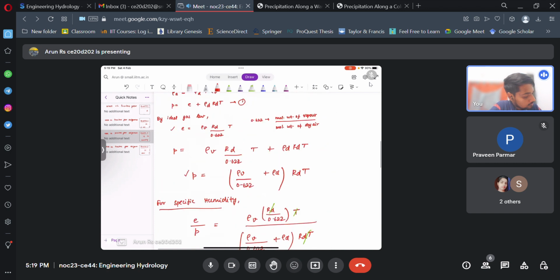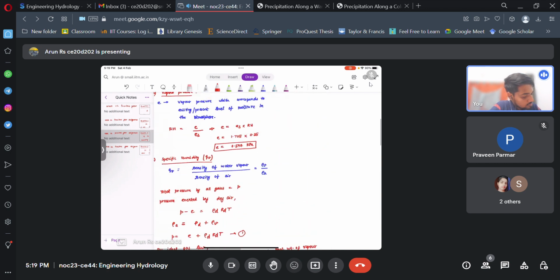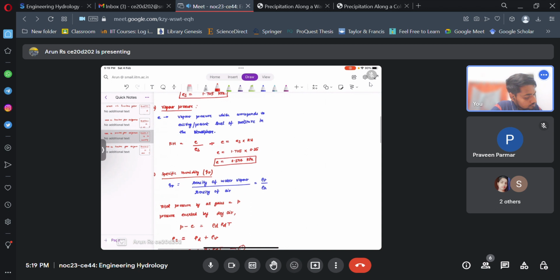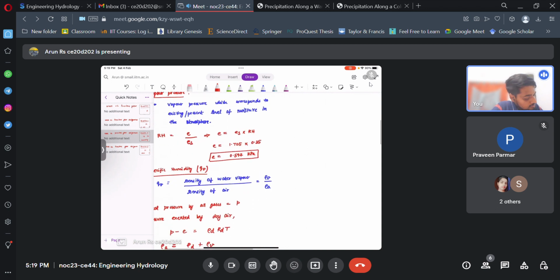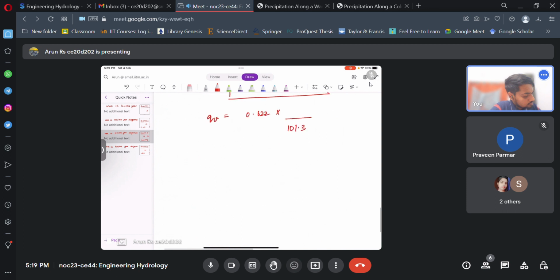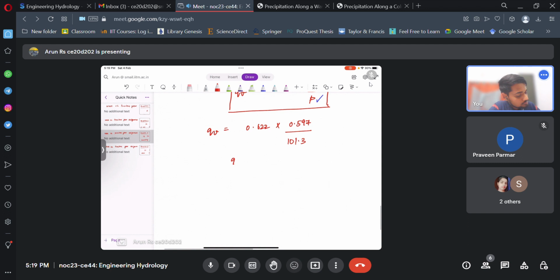And we found the vapor pressure to be 0.597. So your specific humidity has a unit of kg of water per kg of moist air.